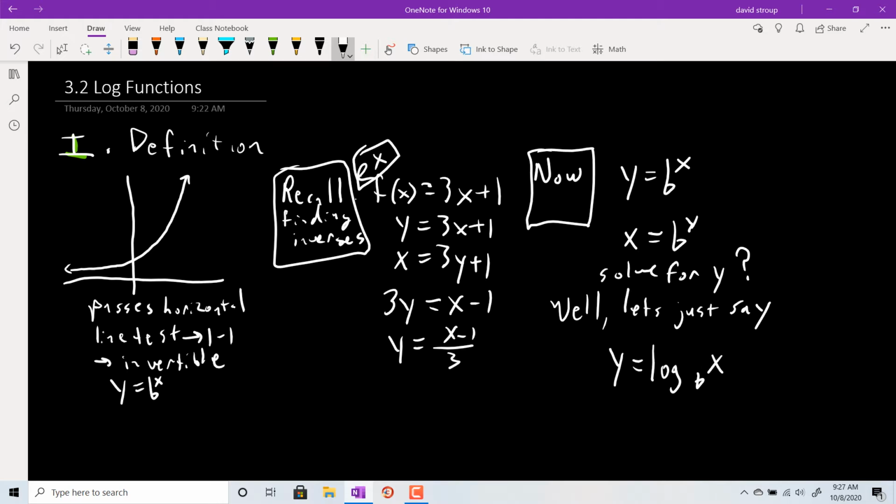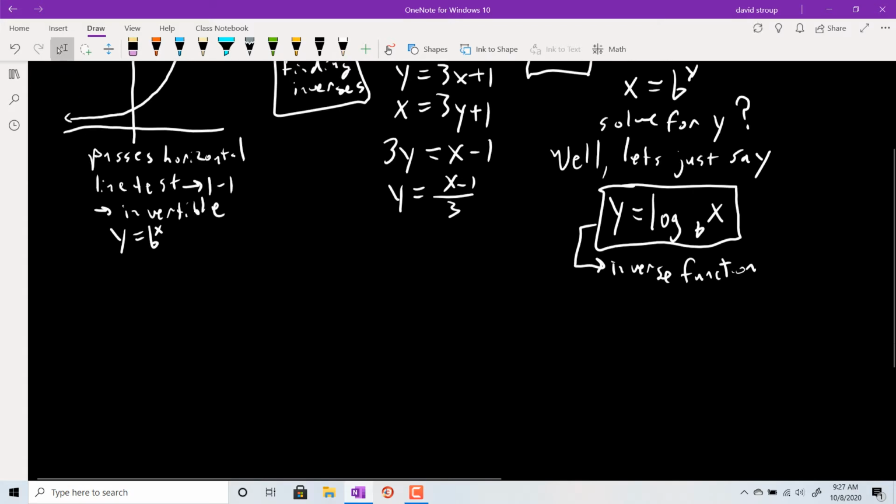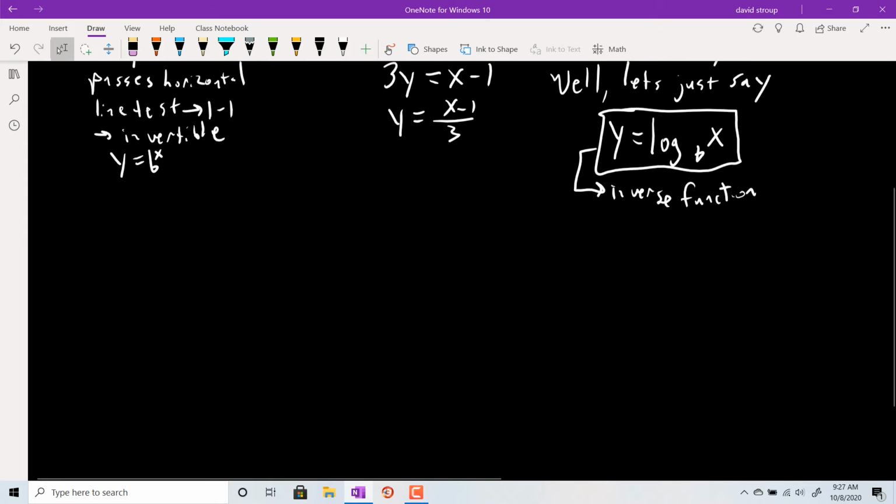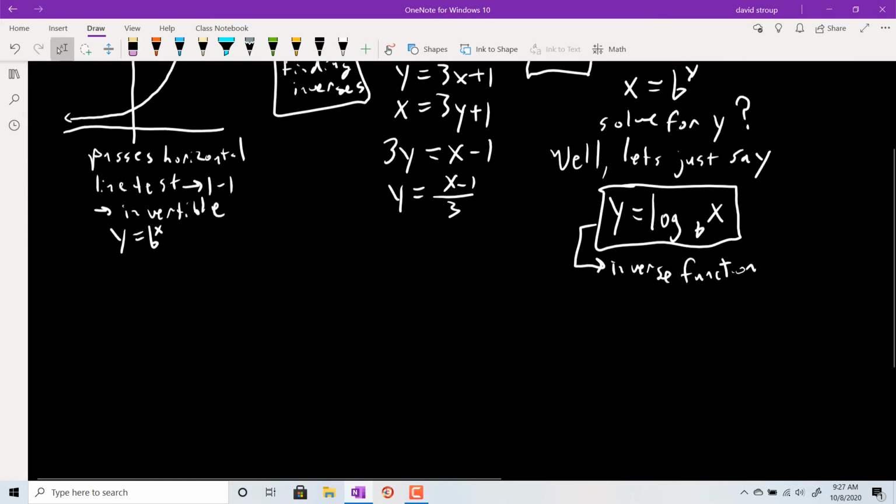And that's equivalent to saying x equals b to the y. That's what it comes from. So this thing becomes your inverse function. And there you have it. So ultimately, the way you think of this thing is in terms of this x equals b to the y.